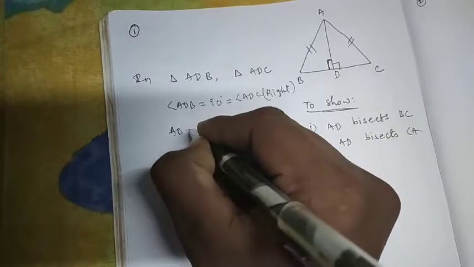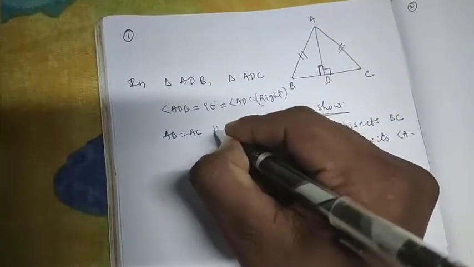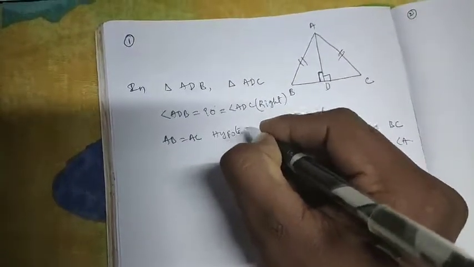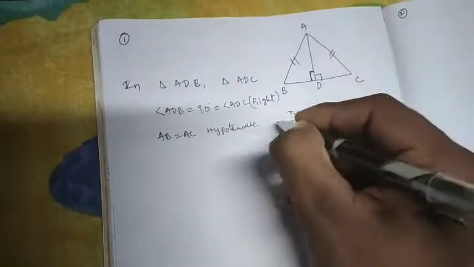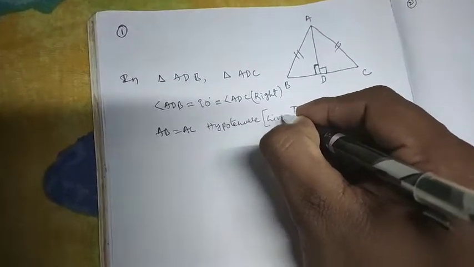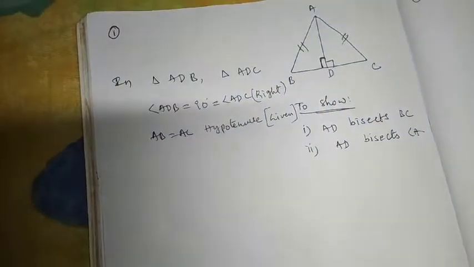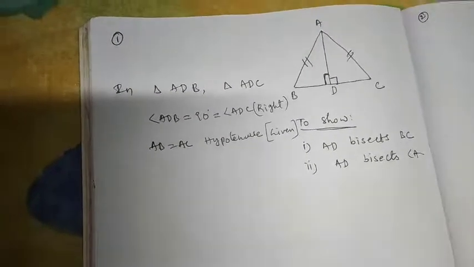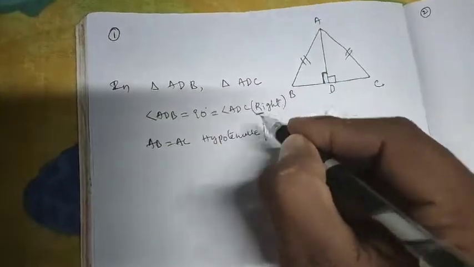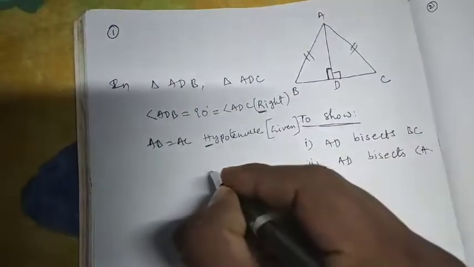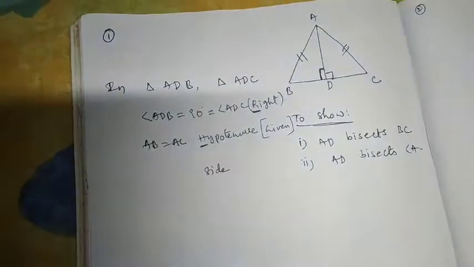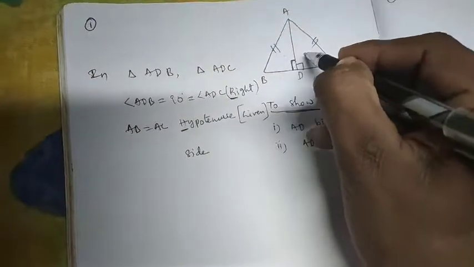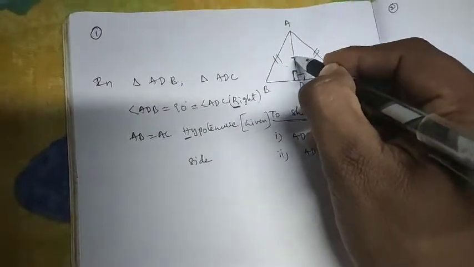Next, AB is equal to AC. From the right angle triangle, it is the hypotenuse. The reason for equality is that it's already given, because ABC is an isosceles triangle. Correct? Next, R we got, hypotenuse H we got, and we have to show any one of the sides now. If you observe both triangles, AD is a common side.